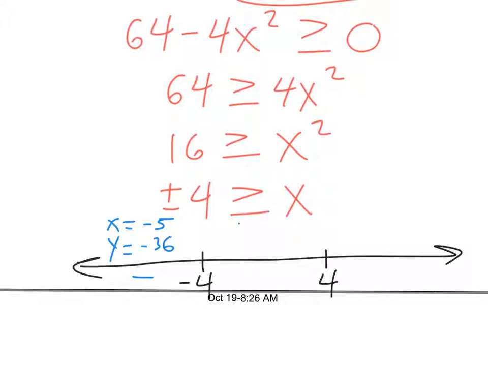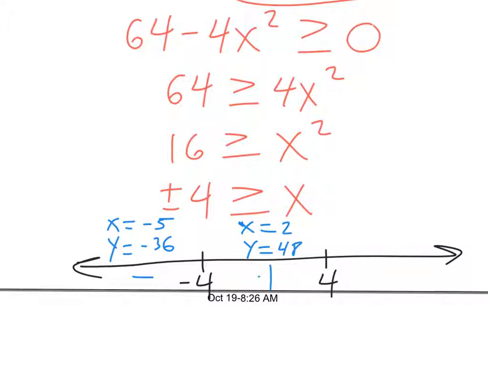Then move on to -4 to 4. Okay? I don't have to check any other points that are less than -4 because that's the negative part of the graph. Go in and I'm going to check 2. If you were to plug 2 in, you would see that y is 48.